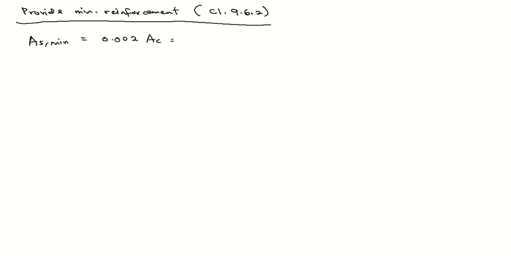AC is the area of concrete, which is B times H. So 0.002, your B is 1000, your H is 250, the thickness of the wall, and this brings 500 mm square per m. And this 500 mm square per m is for the whole area of the shear wall.